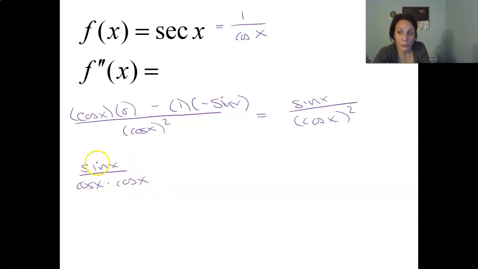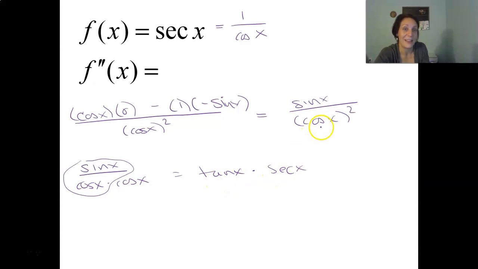I could also say, okay, well, this is a tangent, and then this is a secant, and use a product rule. Now, we just learned that the derivative of tangent is secant squared. And we also just figured out what the derivative of secant is.